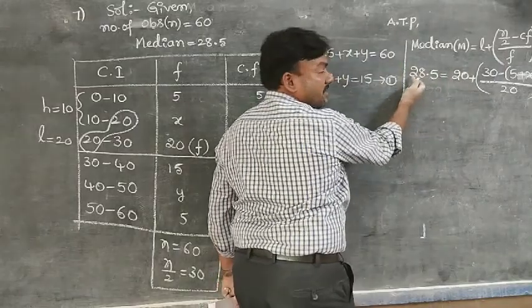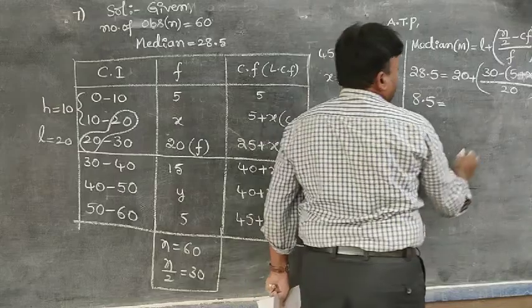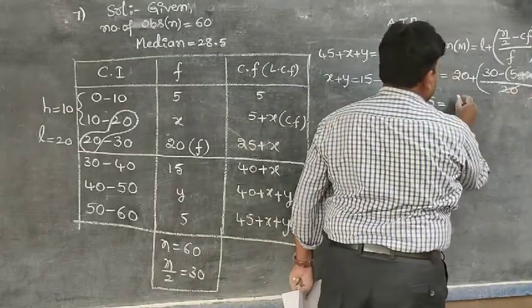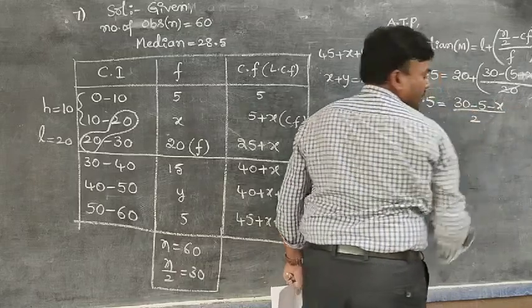Transferring 20 to the left side, it becomes 8.5 equal to 10 ones 10, 10 twos, that is 30 minus 5 minus X by 2.